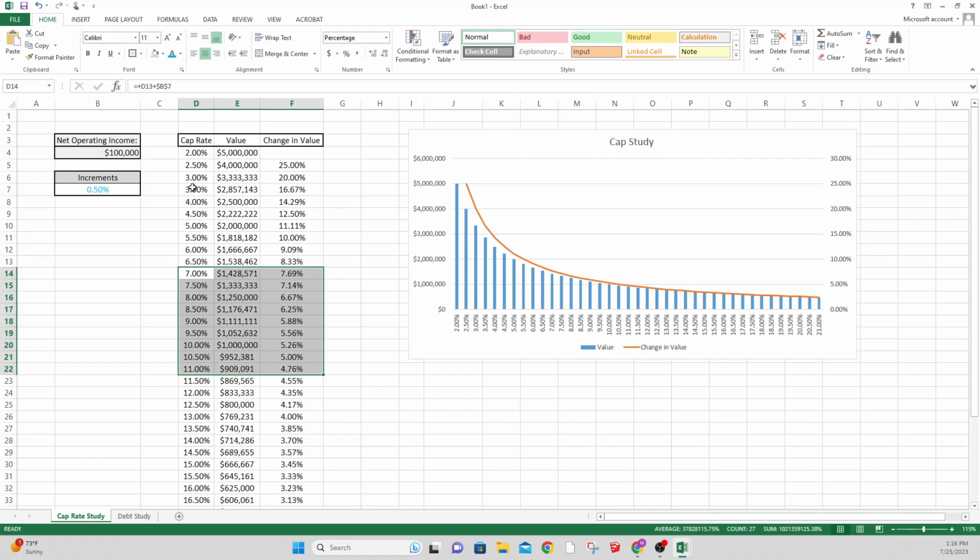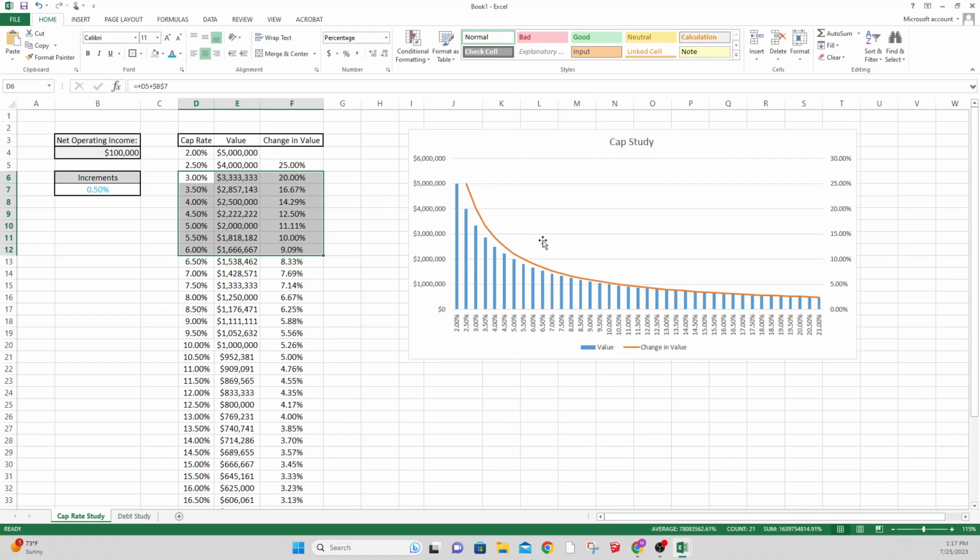It's interesting, the change in valuations at these low cap rates, since the division leads to an almost exponentially larger amount, just because of the number.